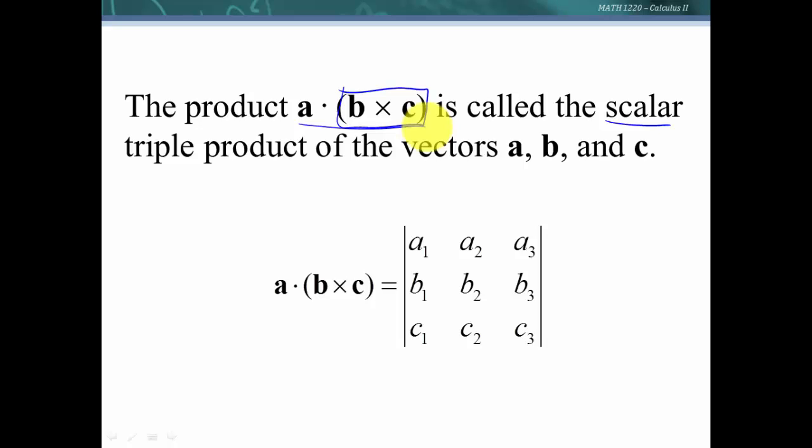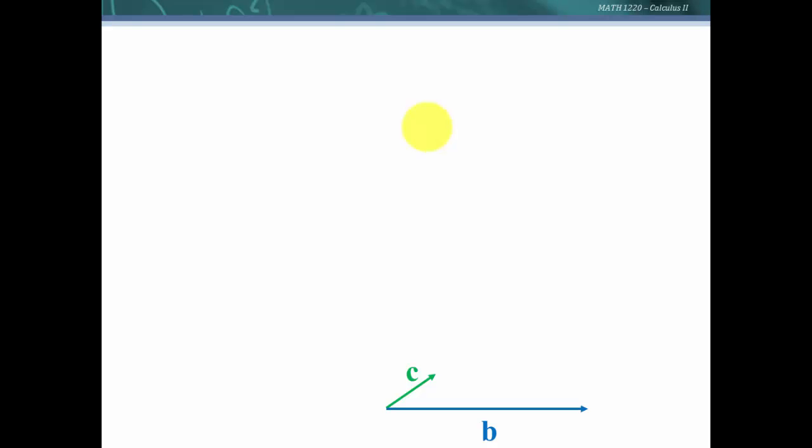Let's see an interesting application of this. If we start with the vectors b and c, and we make the parallelogram defined by those, we know the area of that parallelogram is the magnitude of b cross c. Now, if we look at that geometrically, we know that cross product is a vector that is orthogonal to both b and c.